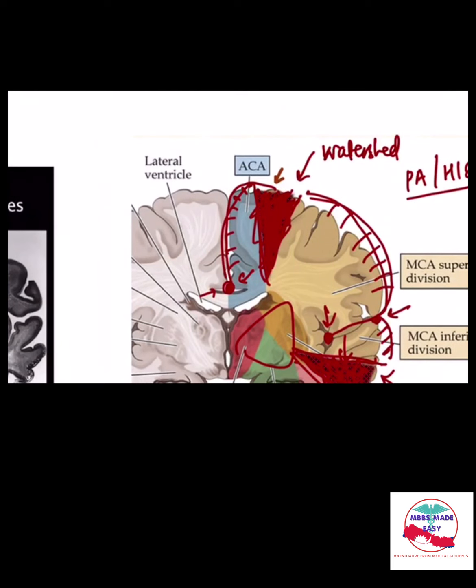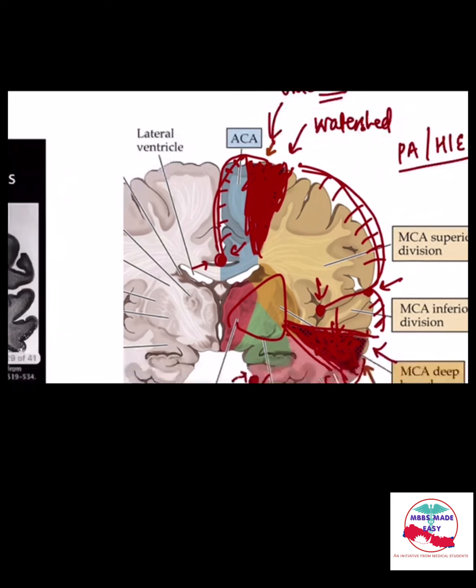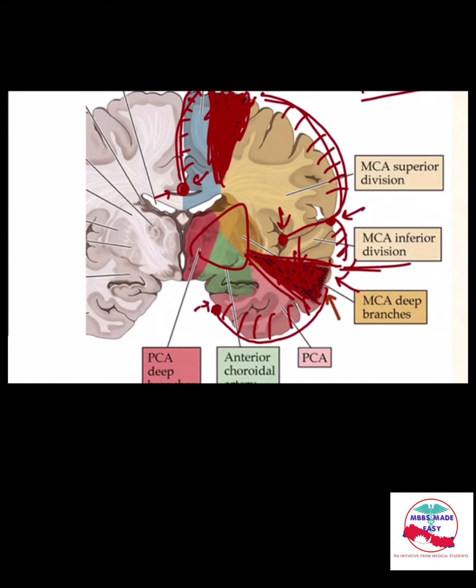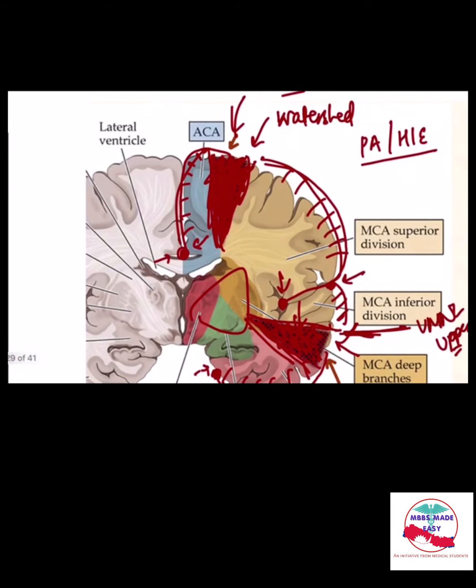Quadriplegic because damage to this part of the area ultimately leads to an upper motor neuron type of lesion in the lower limbs, right? Whereas damage to this part of the area ultimately leads to an upper motor neuron type of lesion in the upper limbs, right? So there is involvement of both upper and lower limbs, and in between them there is also some part of the trunk, so there can also be some involvement of the trunk.